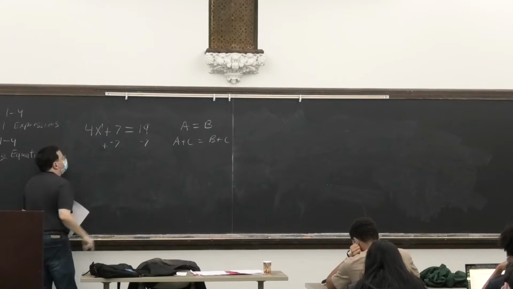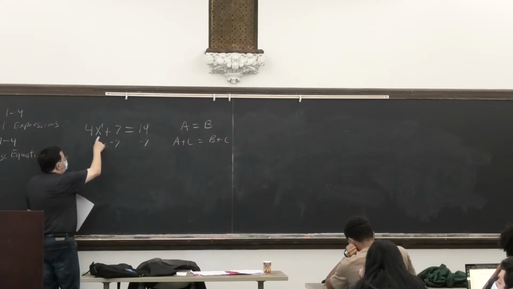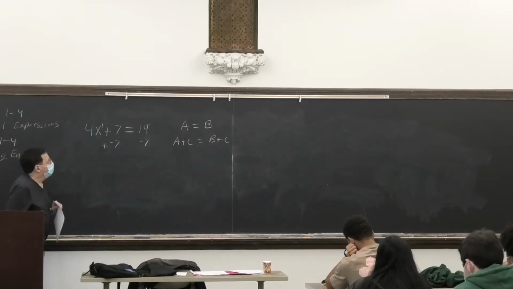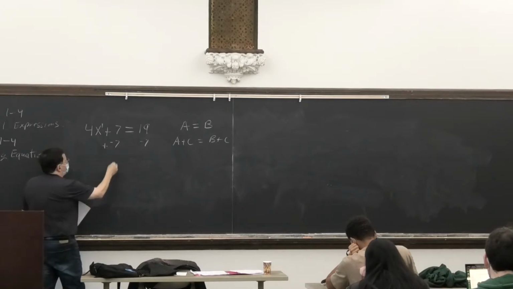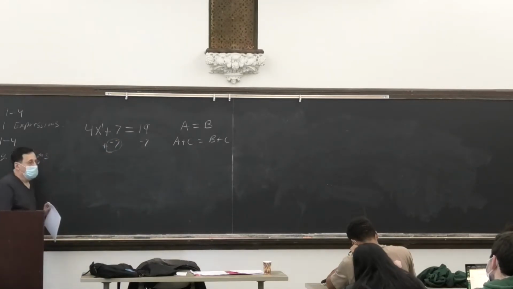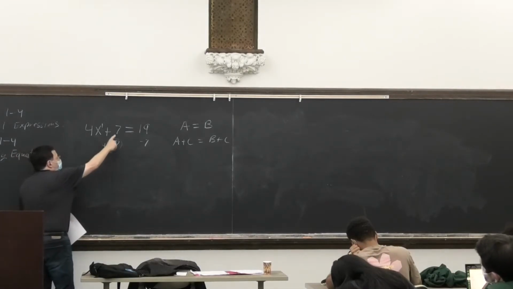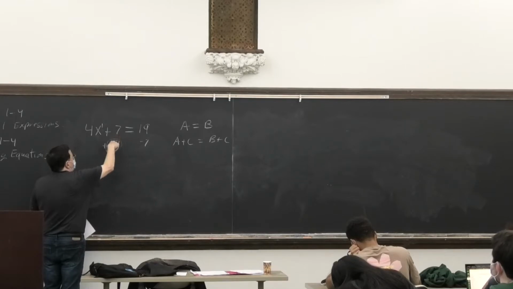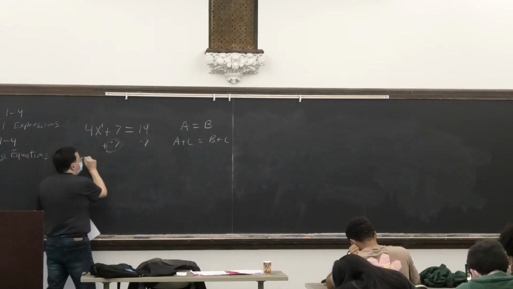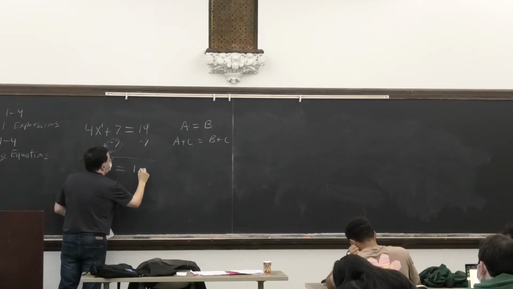That's to get x isolated. Right? This is a perfect example of using the inverse property of addition. Every number has an inverse, and the sum of a number and its inverse is 0. So we end up with 4x equals 12.